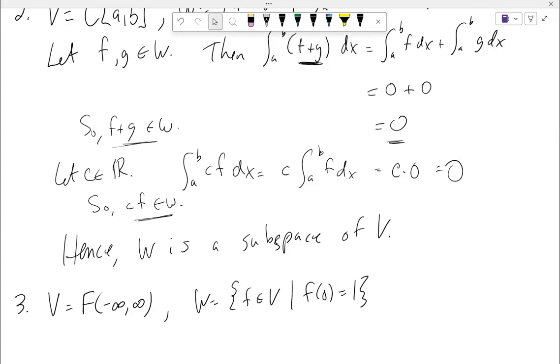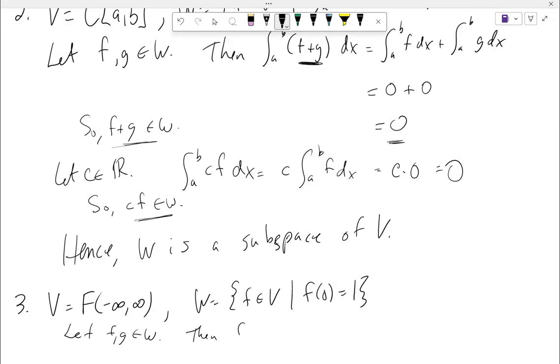What's going to happen here? If I let f and g be in W, if f plus g is going to be back in W again, what's the defining characteristic for being in W? What has to happen? What does it say? When we plug in 0, we get out 1, right? That is the defining characteristic for being in W. It's the functions for which when you put in 0, you get out 1, right?